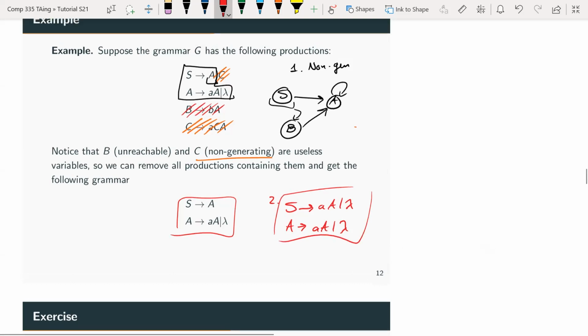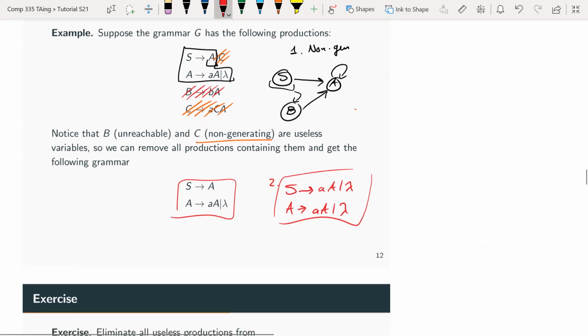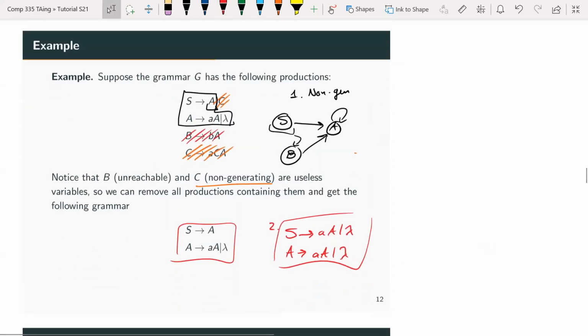You can further reduce it, but when I say simplify, I specifically mean removing lambda, removing unit, and removing useless, right? But clearly here, there are a lot of useless things, no pun intended, that are happening here, right?